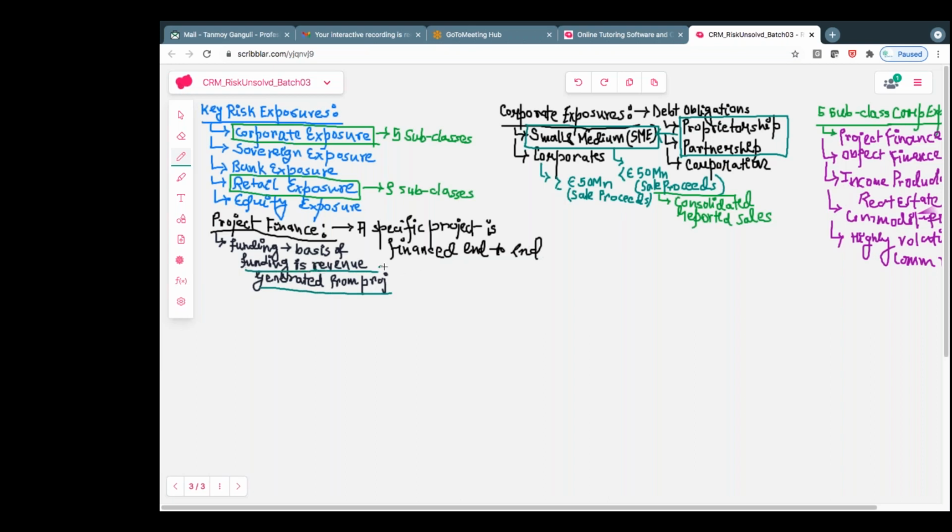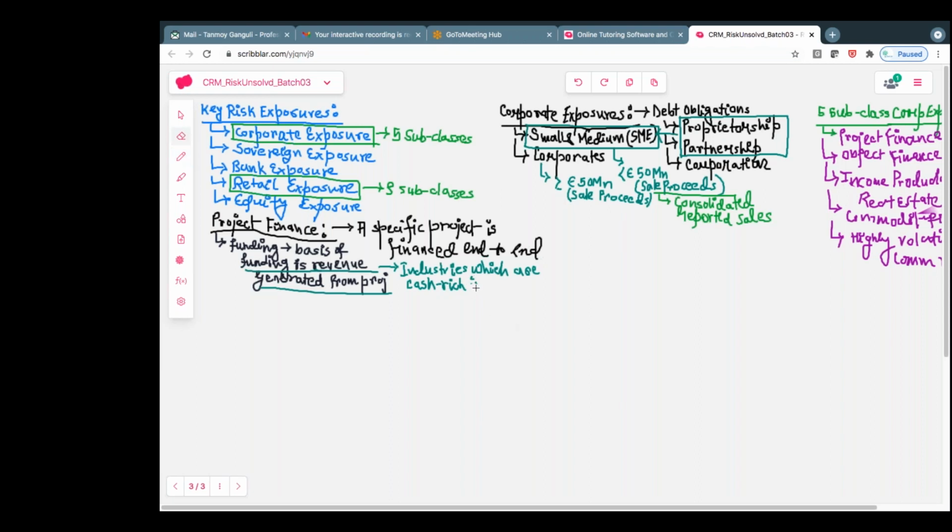So that means this mode of financing is done for industries which are cash rich. Now when I talk about cash rich industries, what do I mean by this?